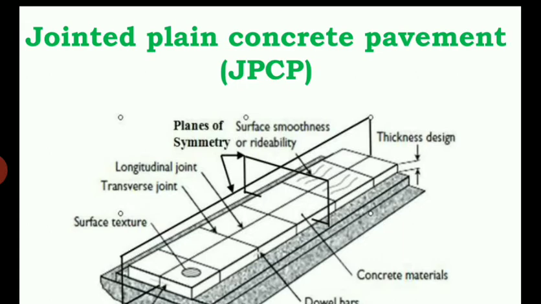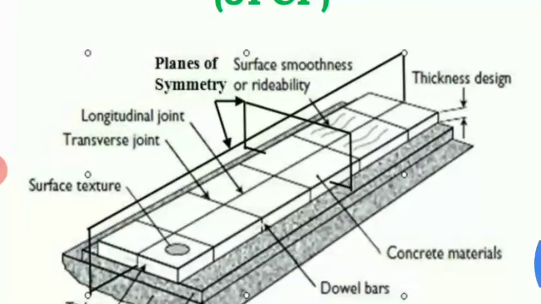Usually this is a plain cement concrete constructed with closely spaced contraction joints. Whatever joints you can see here are very near to each other, and dowel bars or aggregate interlock are normally used for the load transfer across the joints.